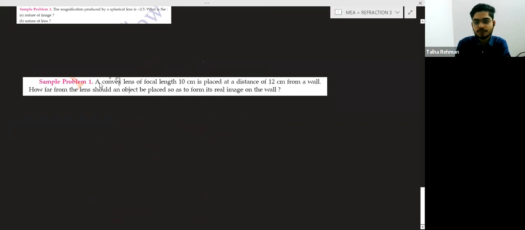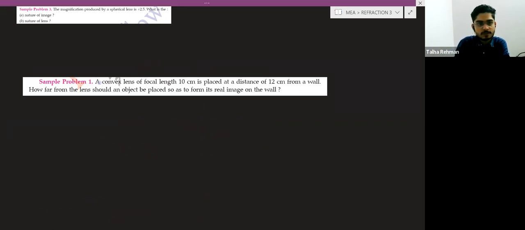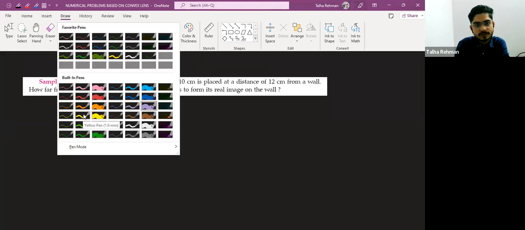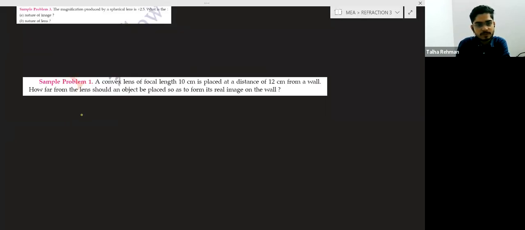For that you should know the lens formula and the magnification formula. I am writing the lens formula again: 1 by V minus 1 by U is equal to 1 by F.